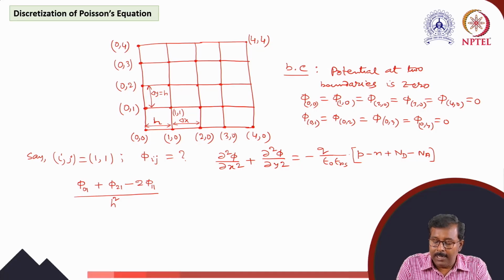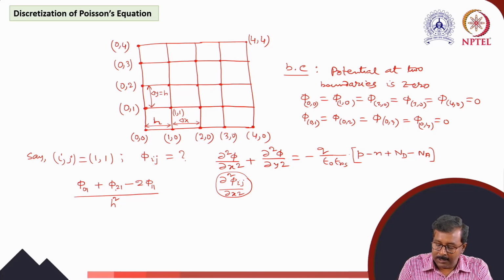Del square phi ij by del x square is nothing but phi at 0 1, that is the previous point, I minus 1 j, I minus 1 j means this is 0 1, plus phi I plus 1 j, I plus 1 j means here I plus 1 means 2 1, this is j, minus twice the value ij, that is phi 1 1, divided by h square.